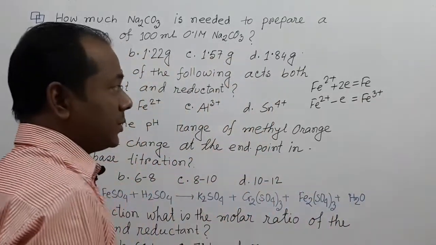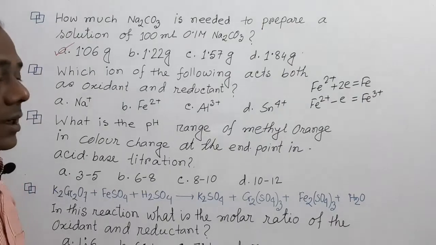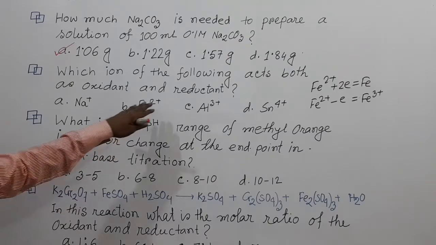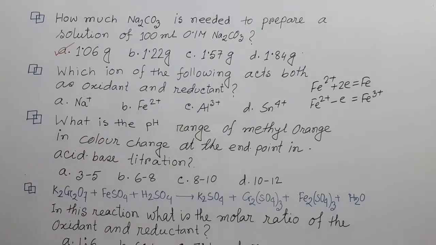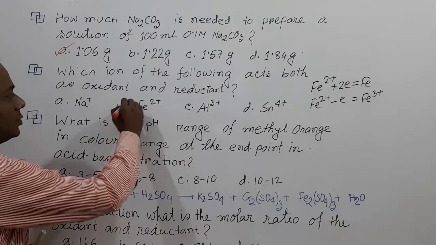That means iron 2 plus can accept electrons and can also donate electrons. So, iron 2 plus acts both as oxidant and reductant. According to our discussion, the correct answer is iron 2 plus.